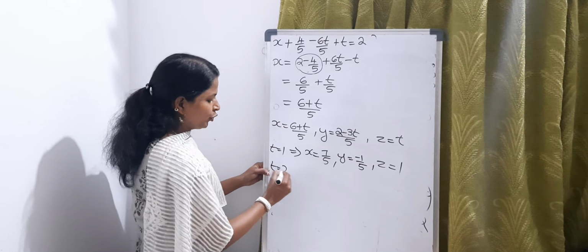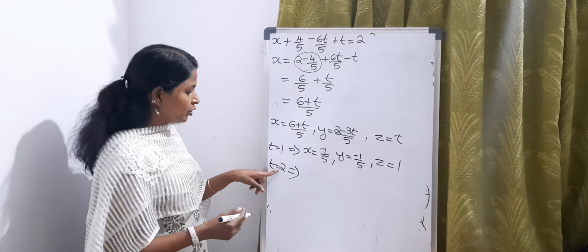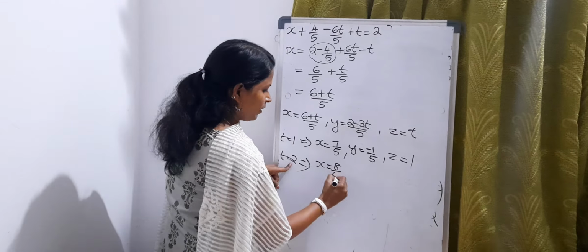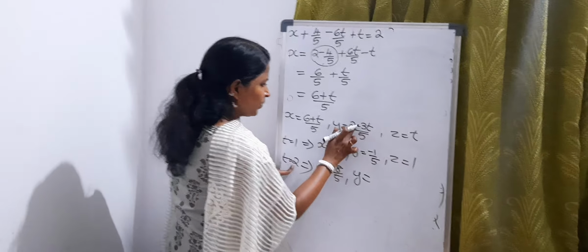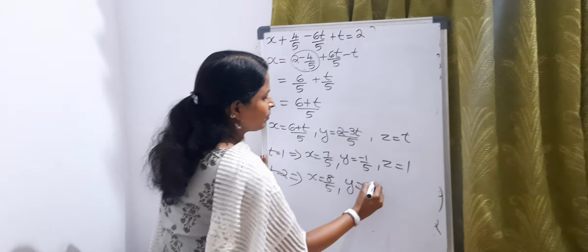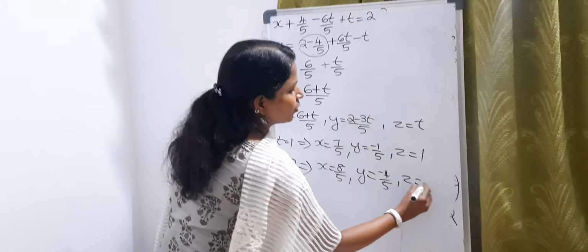Then t equal to 2: 6 plus 2 by 5, 8 by 5, and y equal to 2 minus 2 into 3, 6, 2 minus 6 is minus 4 by 5, and z equal to 2.